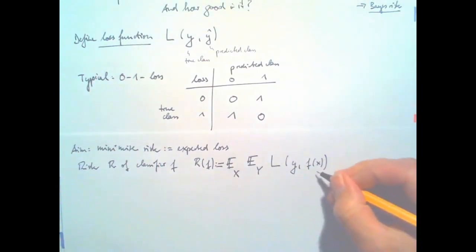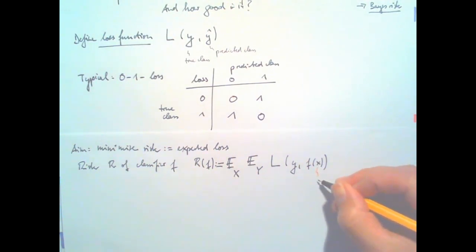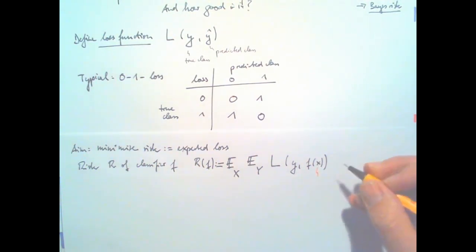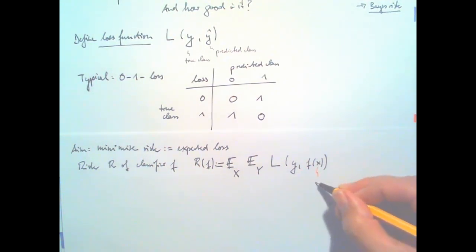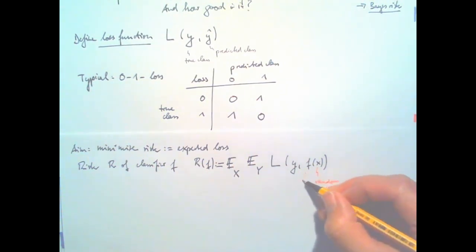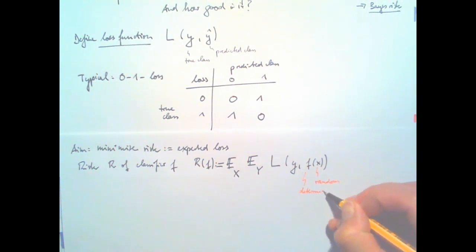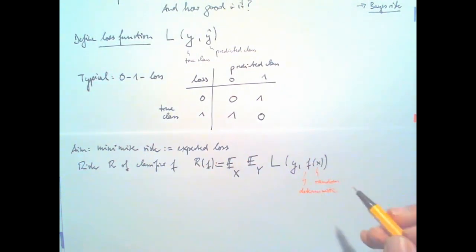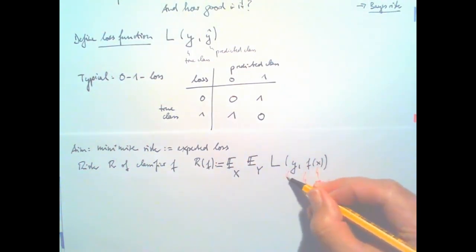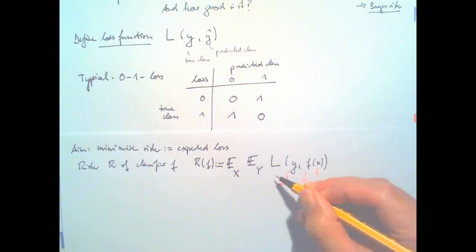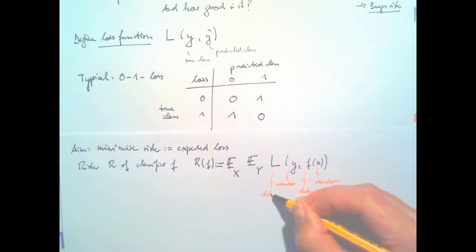Now, note that X in this statistical decision theory, X is a random variable. F is a deterministic function. It's your algorithm. Let's say 1 nearest neighbor classification here. The label is again random. The loss function is deterministic.